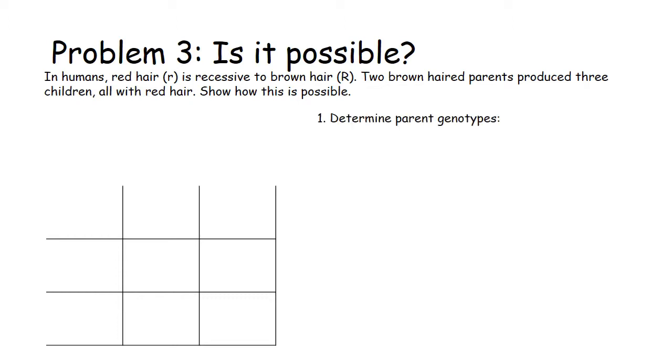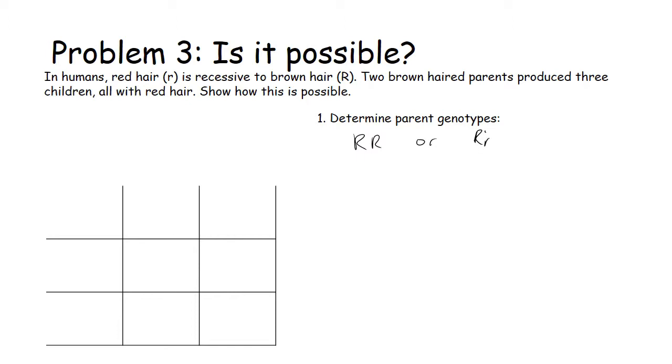So we're going to determine the parent genotypes. Now again, this one is trickier because you know for a fact that both parents have brown hair. So the possibility of the parent's genotype is either going to be capital R, capital R, or heterozygous. It does not specify which is which.